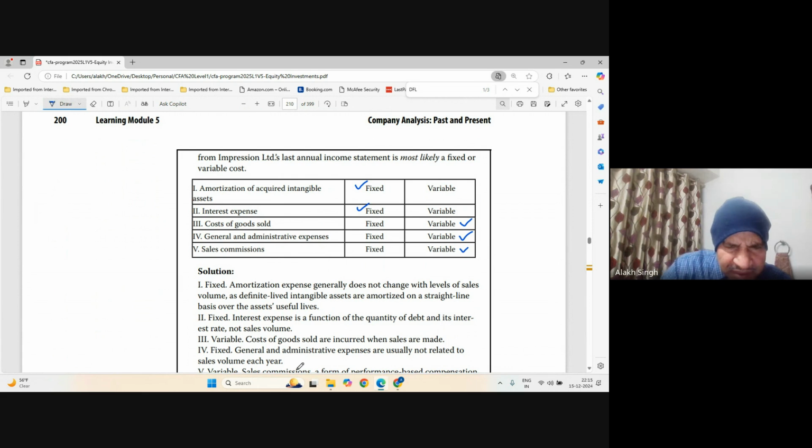SGA, why is it fixed? SGA expenses are usually not related to sales volume, but SGA includes employees. Okay, I agree that it can be variable also, so let's say it can be fixed also. Let's put it as very subjective judgment, because it says they are usually not.